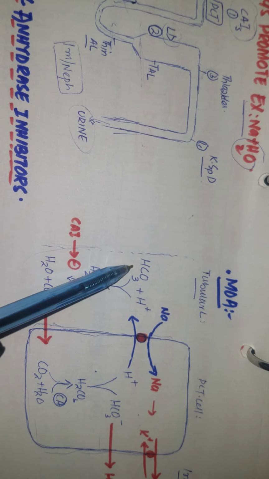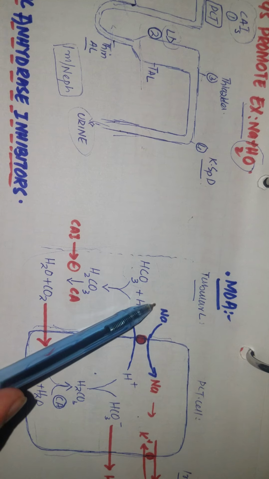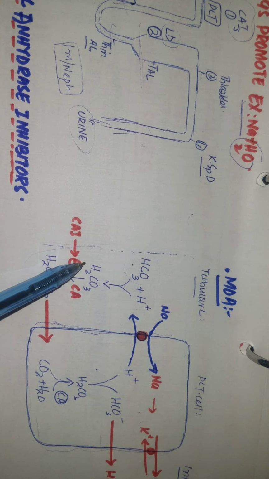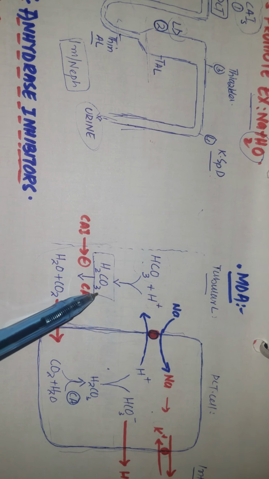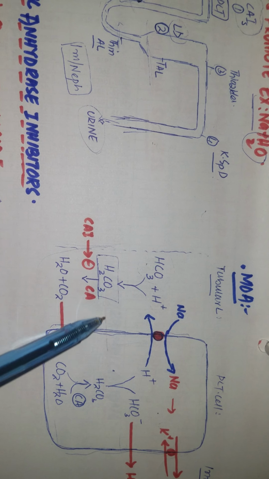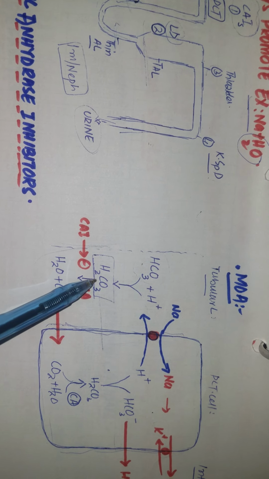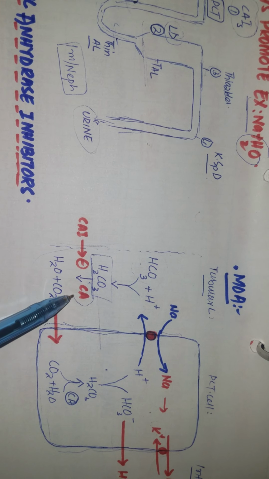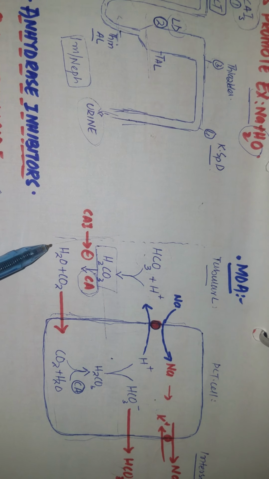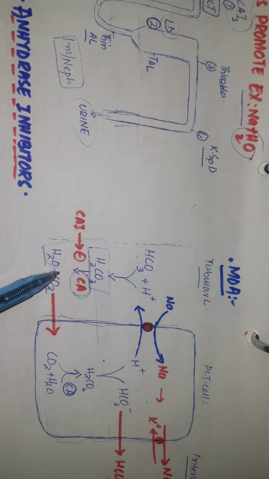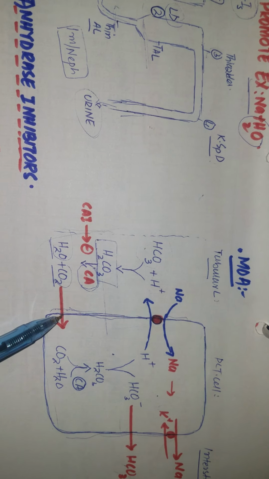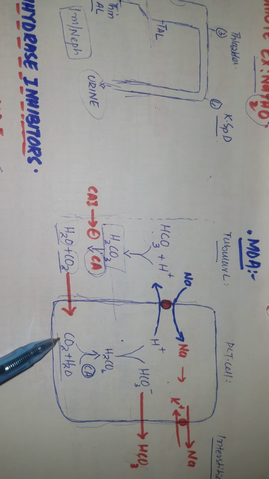The bicarbonate combines with the hydrogen ion to form carbonic acid, H2CO3. Again, H2CO3 can't be absorbed through this membrane, so through the carbonic anhydrase enzyme it is converted into water and carbon dioxide. Water and carbon dioxide are readily absorbable through this membrane into the cell.